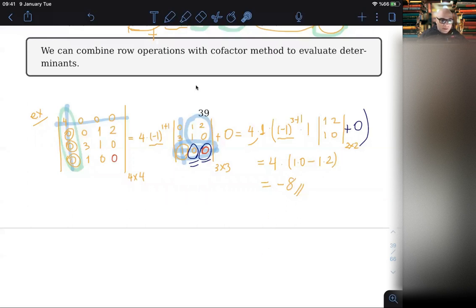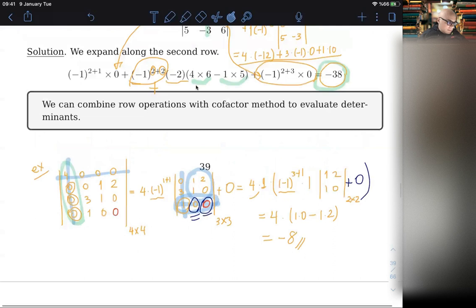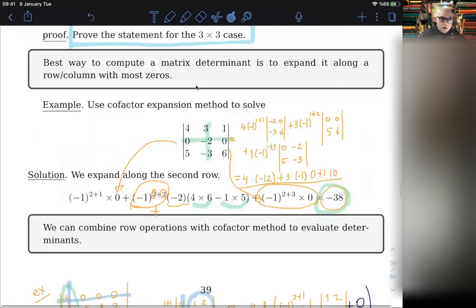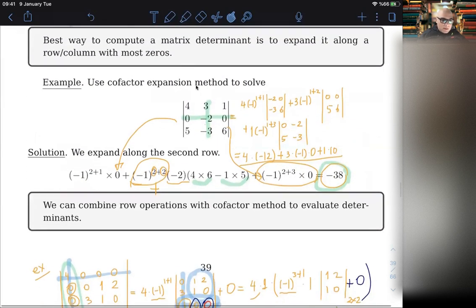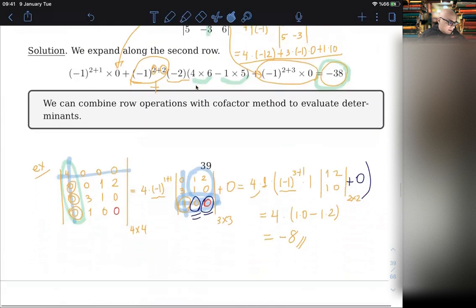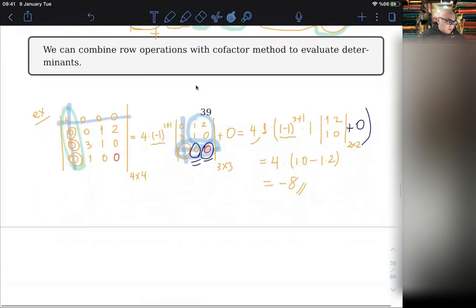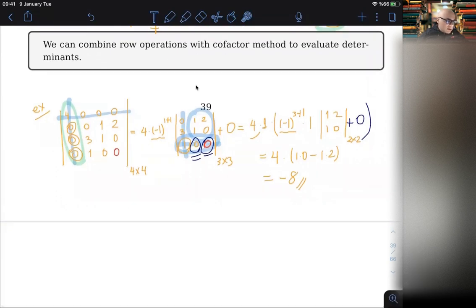So let me know if there are other questions. I hope you understand this method. We can combine row operations.